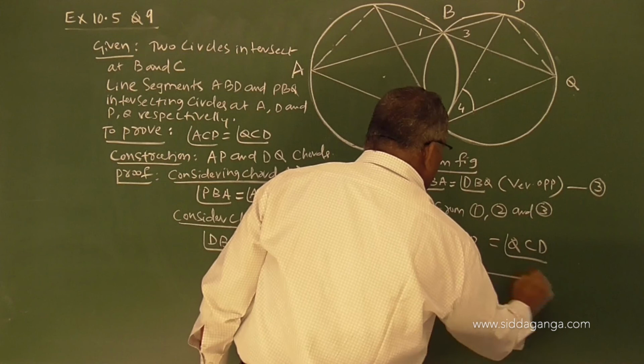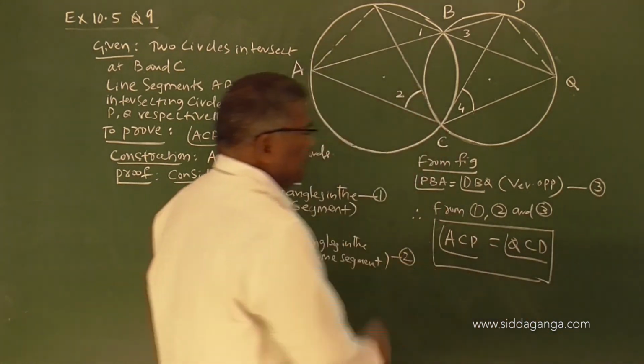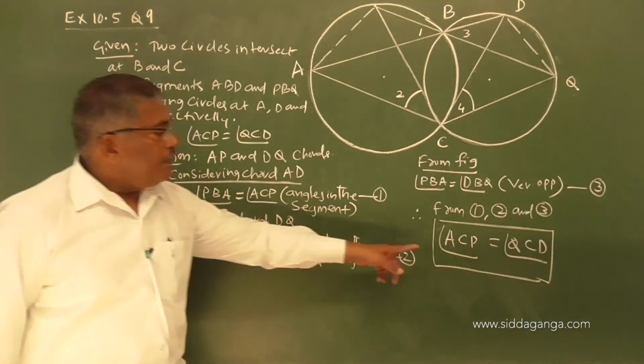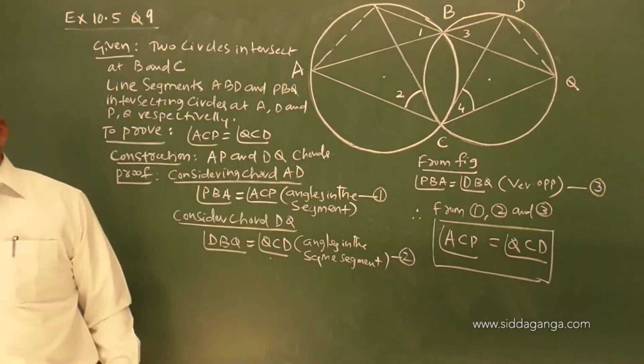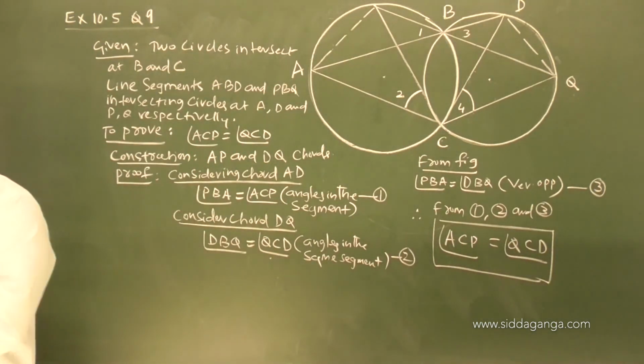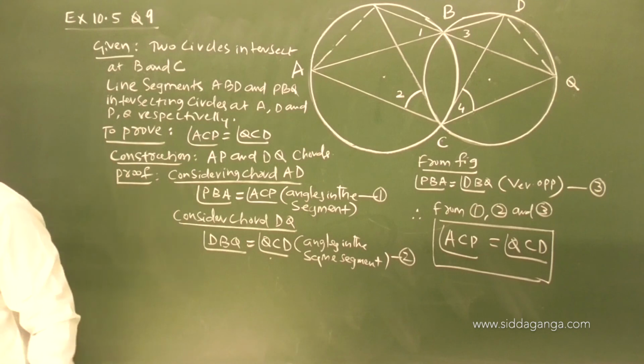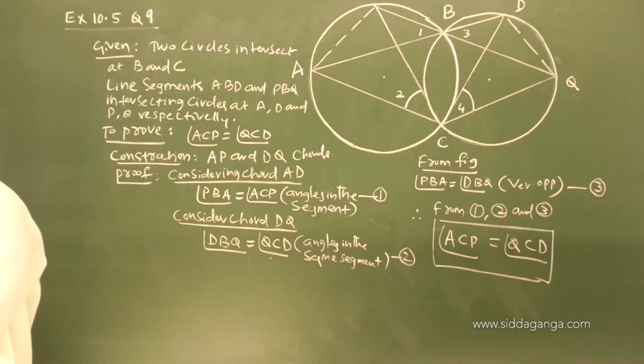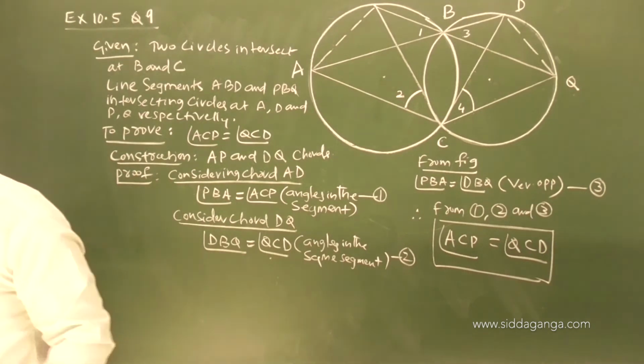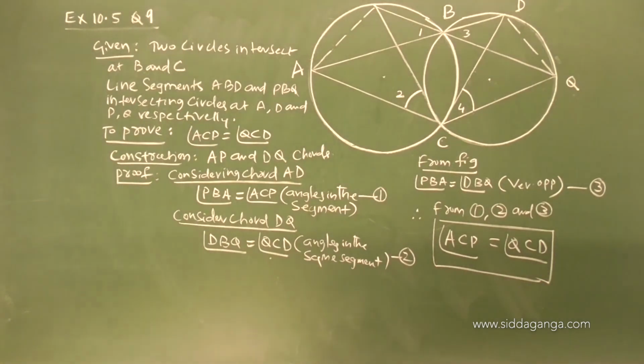So this is what we are asked to prove. So this is 2 equals 4. Note down please.